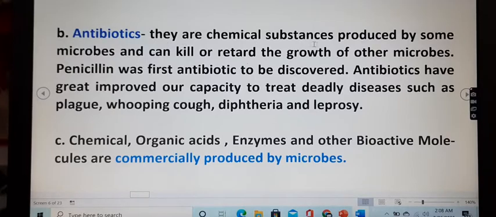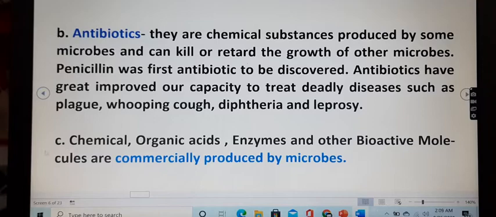They can kill or retard the growth of other microbes. Penicillin was the first antibiotic to be discovered. Antibiotics have greatly improved our capacity to treat deadly diseases such as plague, whooping cough, diphtheria and leprosy.